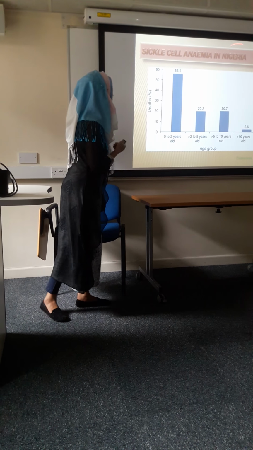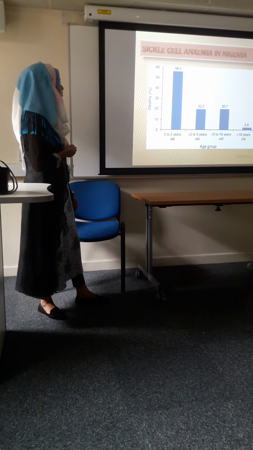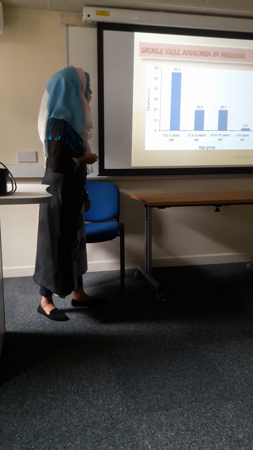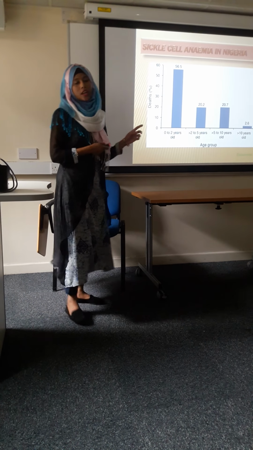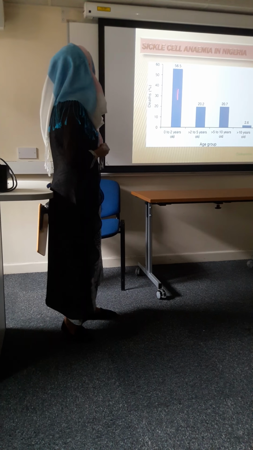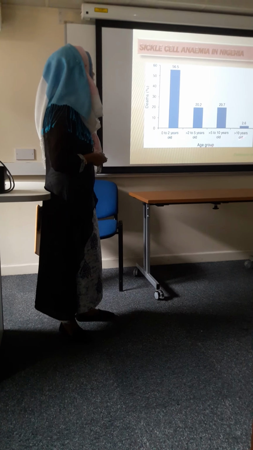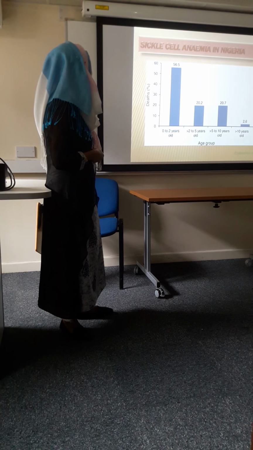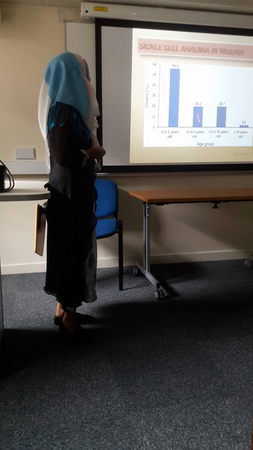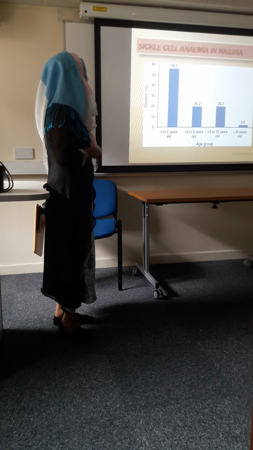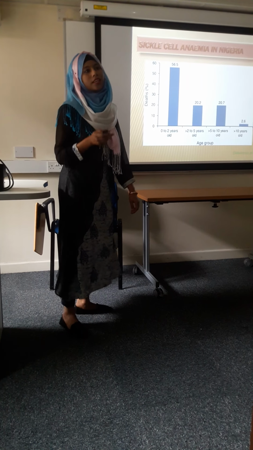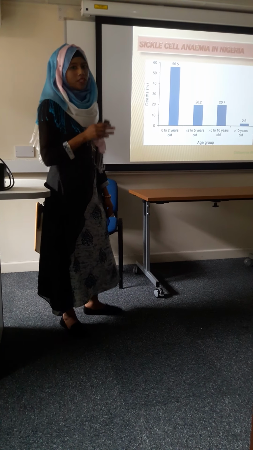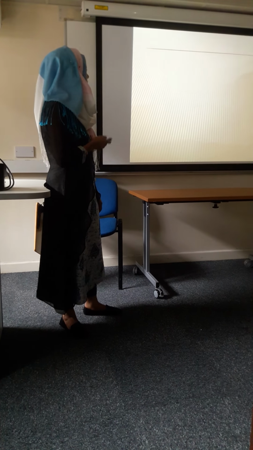Here is a graph where the vertical axis shows the percentage of deaths and the horizontal axis shows the age group of the children, where we can see that the mortality rate of children less than 2 years old is higher than other age groups, and following that, children less than 5 years have a higher mortality rate. So from this graph we can see that higher mortality occurs mostly in children under 5 years.